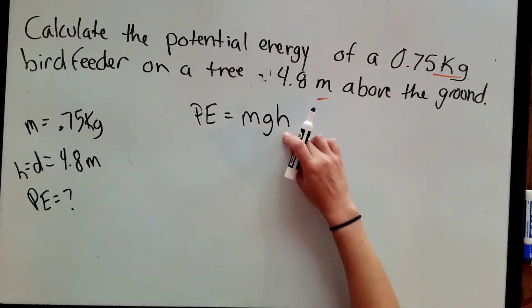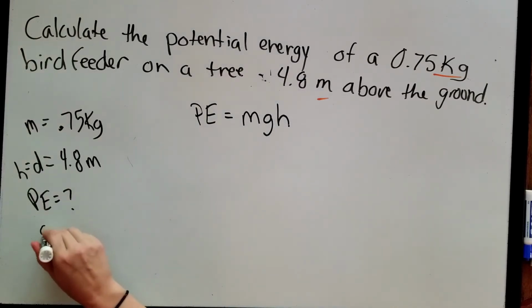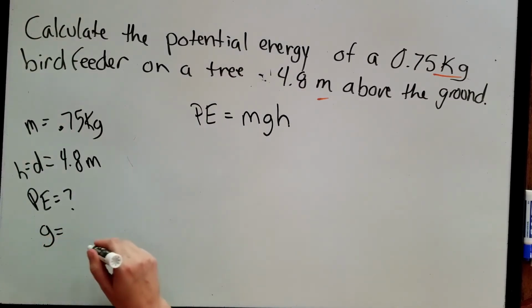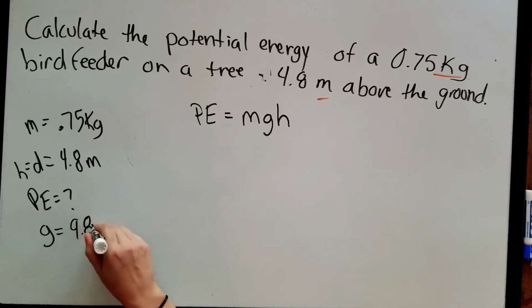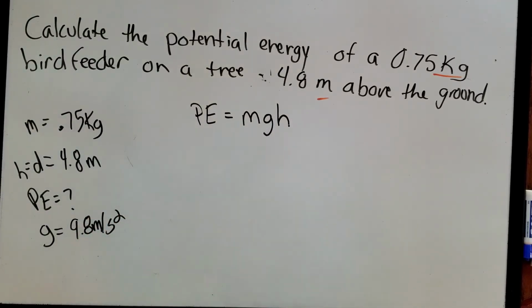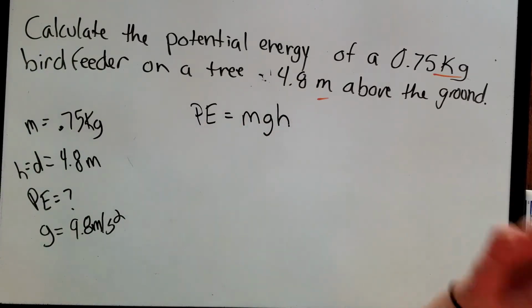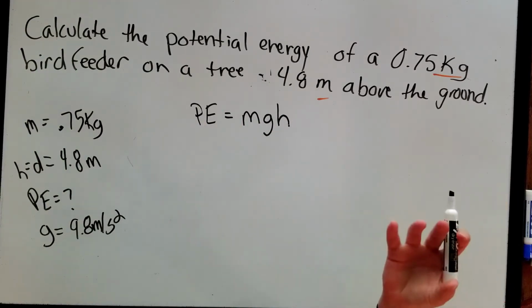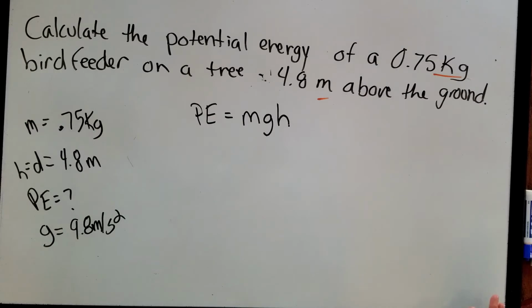Now what's this g? It's gravity, 9.8 meters per second squared. Okay, so we have another piece of information that's not explicitly given, because when that bird feeder falls, when that stored energy is converted into kinetic energy, gravity is going to be what's affecting it, what's pulling that bird feeder to the ground.